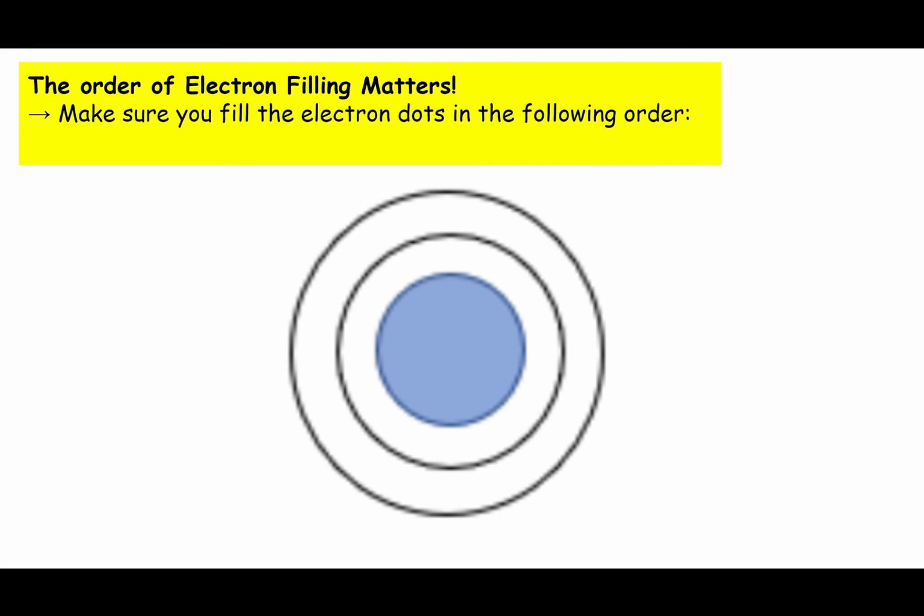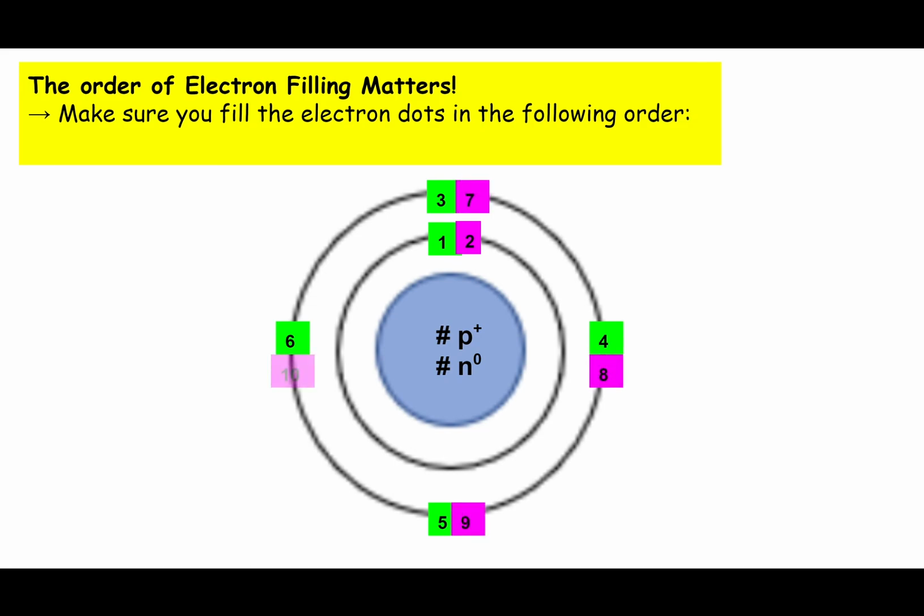Okay, so make sure you fill the dots in this order. All right, 1, 2, 3, 4, 5, 6, 7, 8, 9, 10. And then if you have any extra orbitals, you follow the same pattern as orbital number 2.